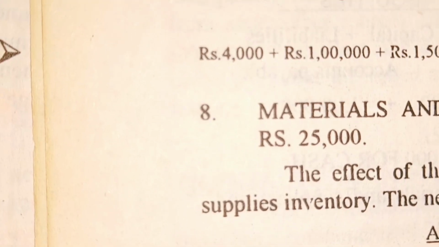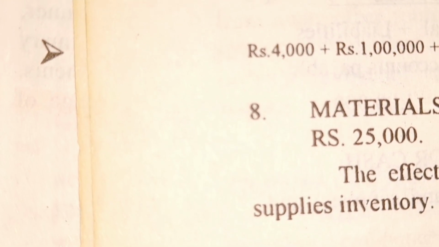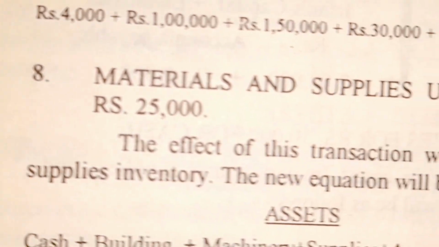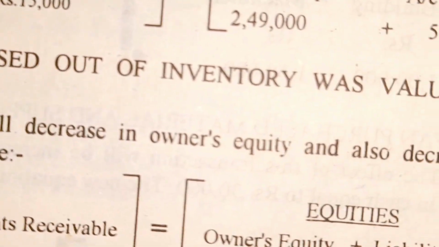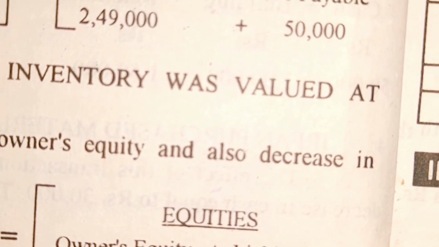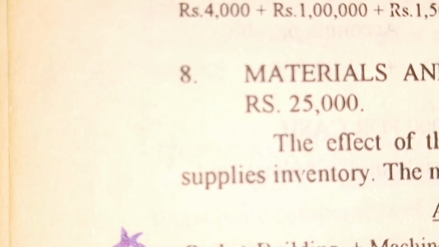Materials and supplies used out of inventory was valued at rupees 25,000. The effect of this transaction will be a decrease in owner's equity and also a decrease in supplies inventory.